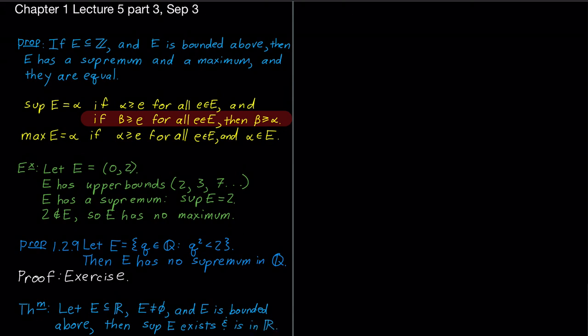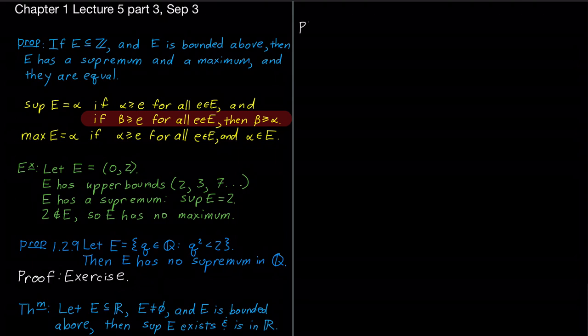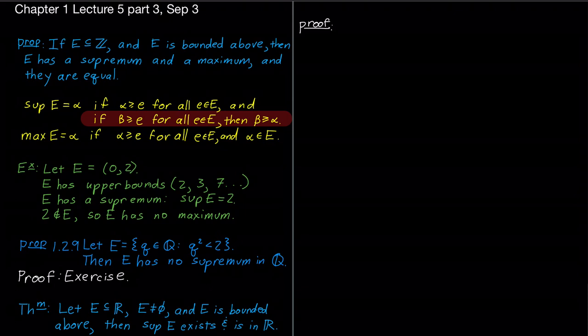All right. And to prove this, we're going to have to use what we know about Dedekind cuts. We're going to have to use the fact that the real numbers are Dedekind cuts.